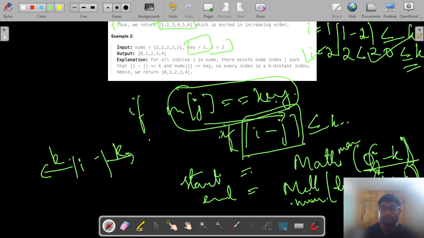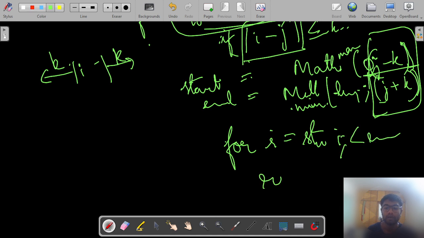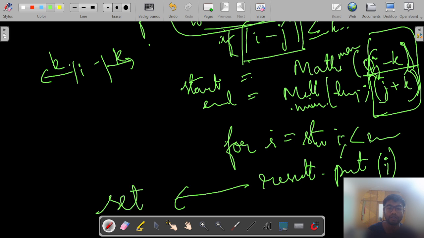So this is the main piece that we need to focus on, and then we can say i start and i less than end, and we can results dot push the specific i, and this will be a unique set of values, so results will be a set data type. Okay, so let's quickly go to our Leetcode editor and let's quickly apply this solution.